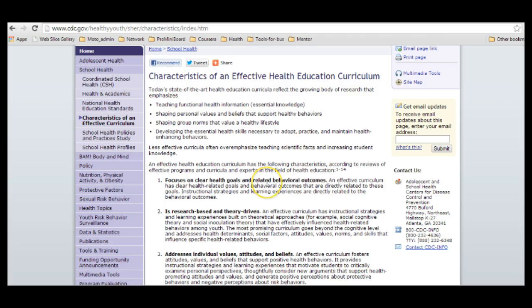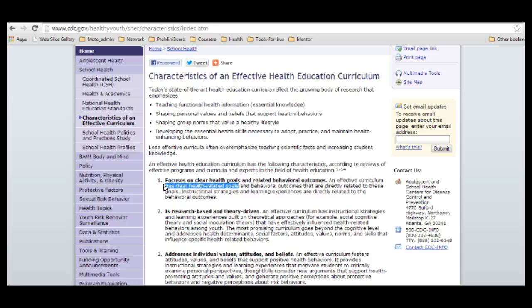One thing is behavioral outcome, and this is from the CDC website. And clear health goals. Those are the two variables.